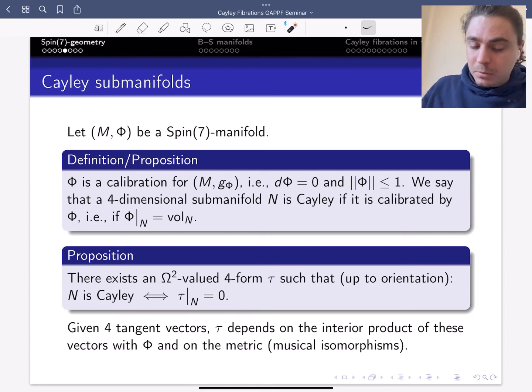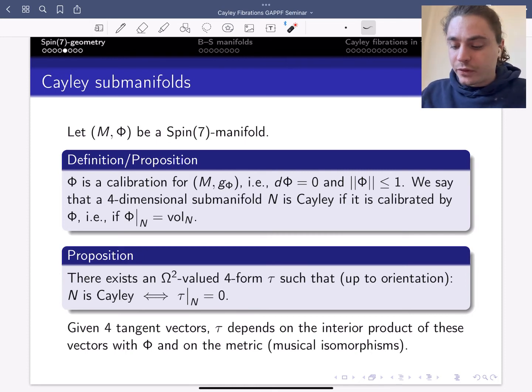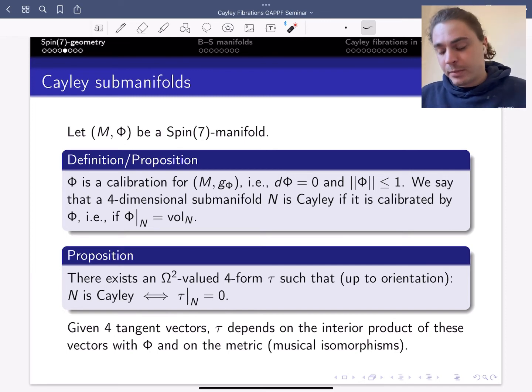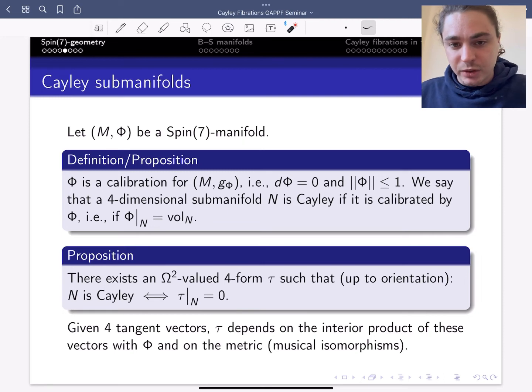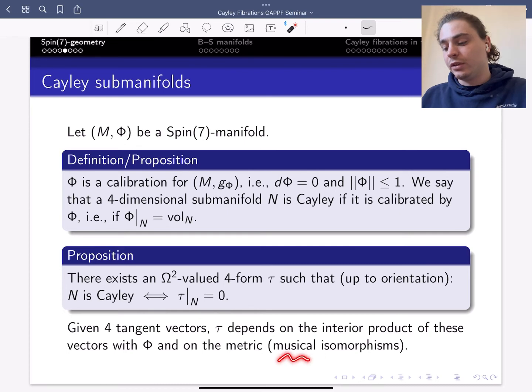So given four tangent vectors of our ambient manifold, I'm not writing down the explicit formula, but one can check in many papers about Spin(7) geometry and Cayley submanifolds that tau depends on the interior product of these vectors with phi. So we want phi to be in a nice form and on the metric, because we will use musical isomorphism.